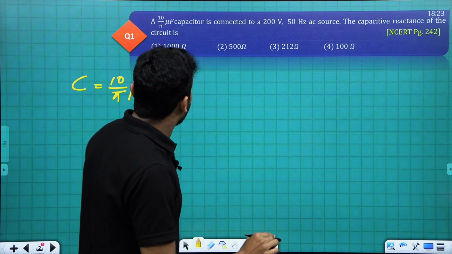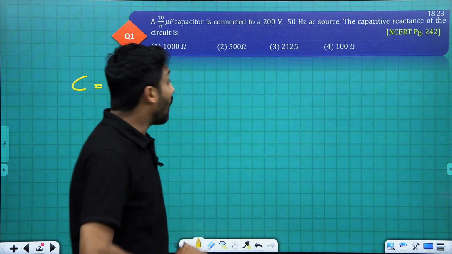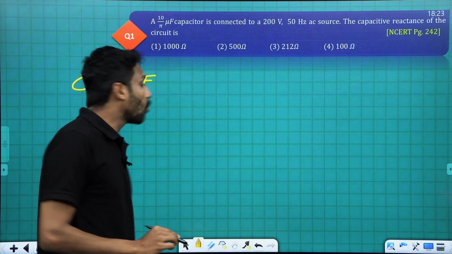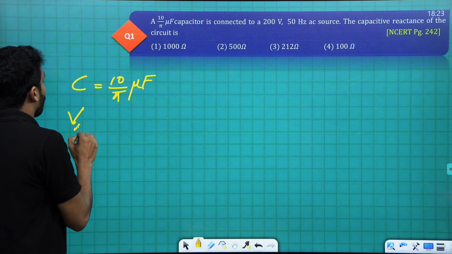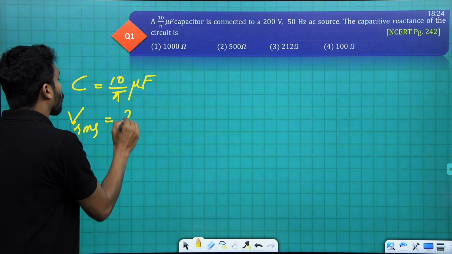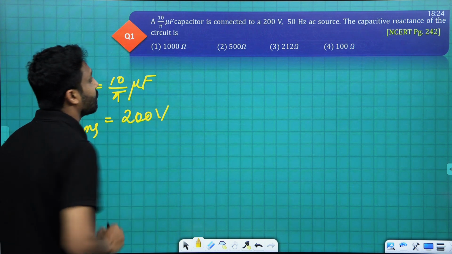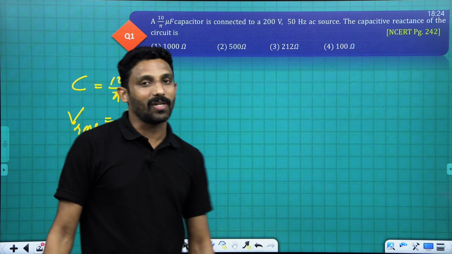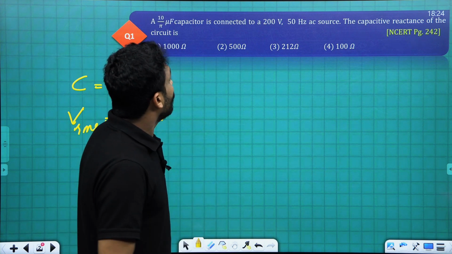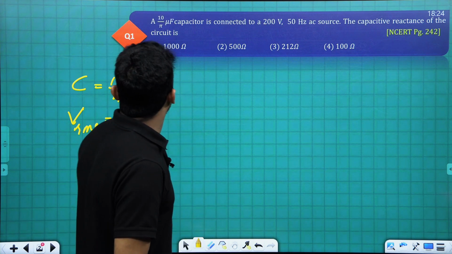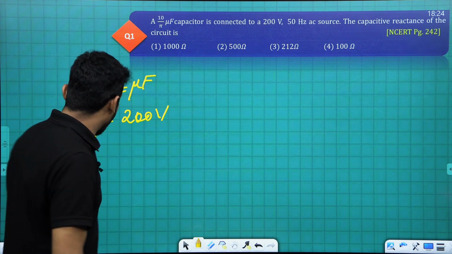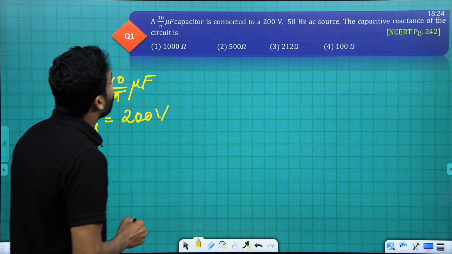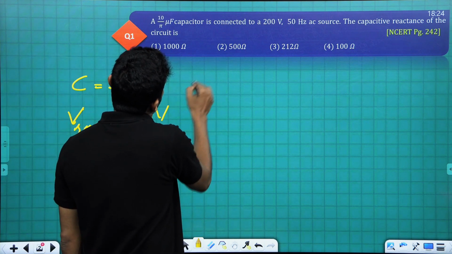This is connected to an AC source whose RMS voltage is 200 volt and the frequency is 50 Hz. The capacitive reactance of the circuit is, what is the capacitive reactance?